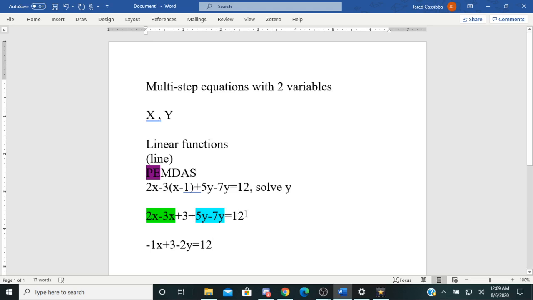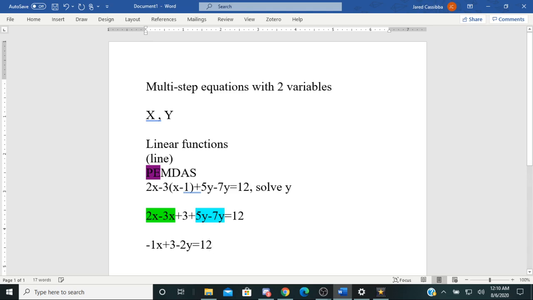Now we want to solve for y, to get the y all by itself. There are these two things in front of it, a -1x and a +3. I need to move them to the other side of the equal sign, so I'm going to do their opposite. I'm going to add 1x and subtract 3.